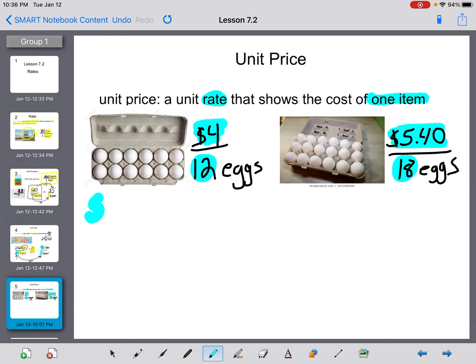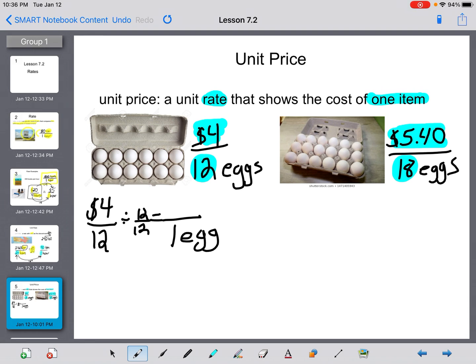So if I have, gotta get rid of my highlighter. So I'm just gonna rewrite my rate, which is a ratio down here, 4/12. Remember, I need to divide the top and the bottom by 12 because I want to know how much it is for one egg. Another way to think of it again, if this is how you prefer, it's totally fine. Divide by 12.